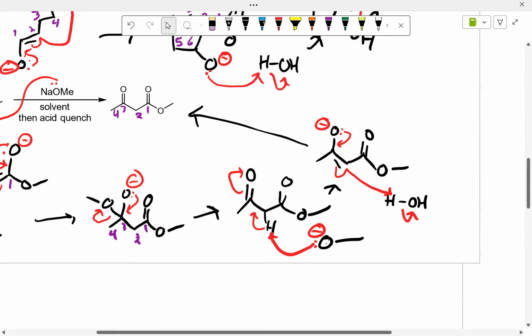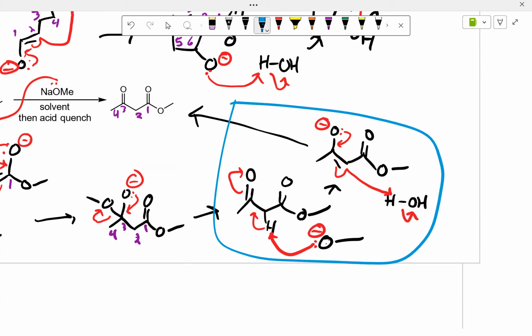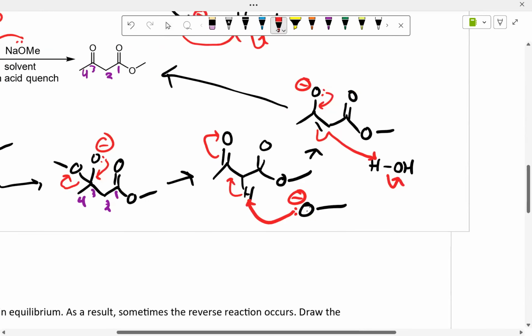So although we did form the product in this step right here, we have to deprotonate the alpha proton, reform the enolate, and then we can protonate the carbon to get to the product. I know this part here feels really redundant, but it does occur. And the reason we know it occurs is because this pKa right here is about 11.